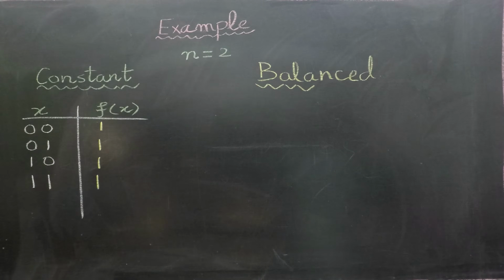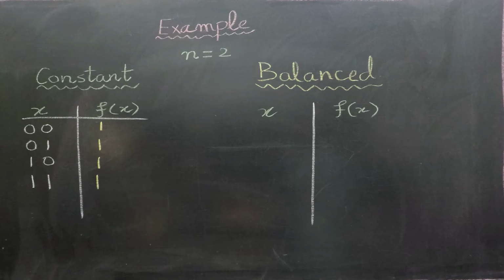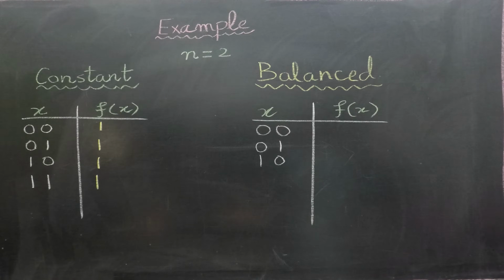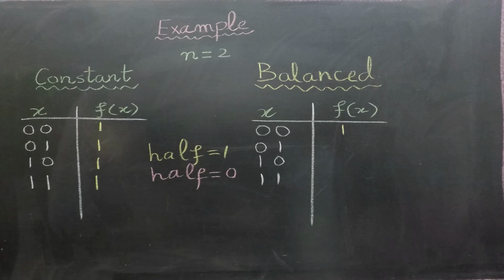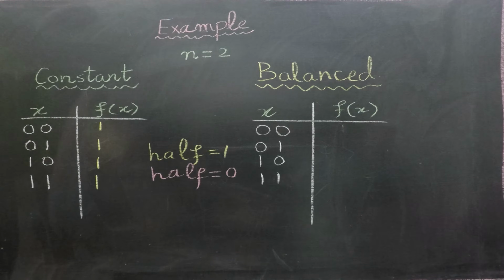In contrast, when the function is balanced, half of its inputs will produce ones, for example, inputs 0,0 and 1,1, while the remaining two inputs 0,1 and 1,0 will produce zeros as output. It is important to note that any two inputs can produce zeros or ones as long as they represent half of the total inputs.